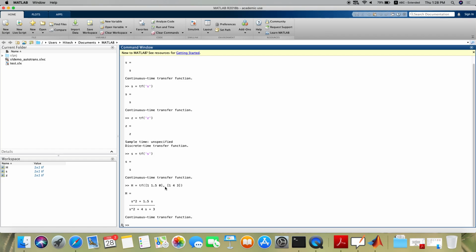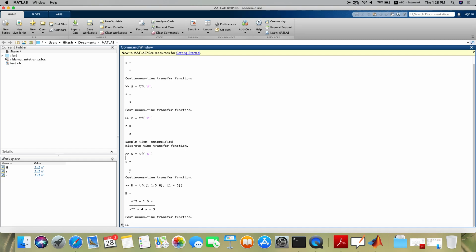Is it visible? Yeah. So now the screen is down only, right? This is already available. You have to tell at the beginning itself whether your transfer function will be in Laplace domain or in Z domain. That is what I defined already, right? Now I want to draw the Bode plot. Bode plot is a combination of phase and magnitude.